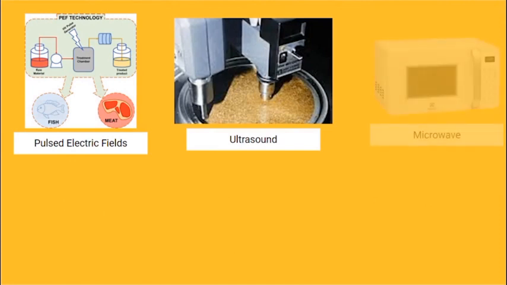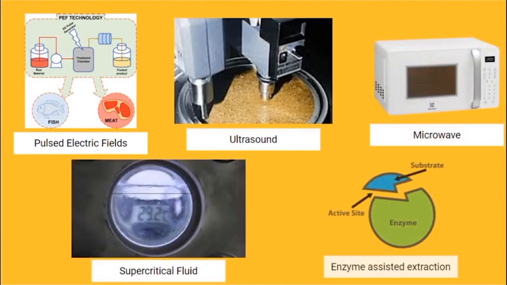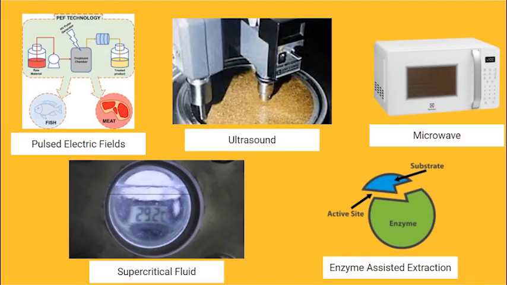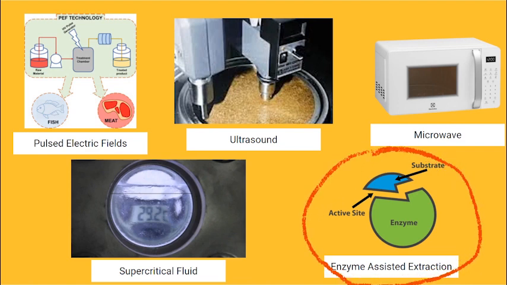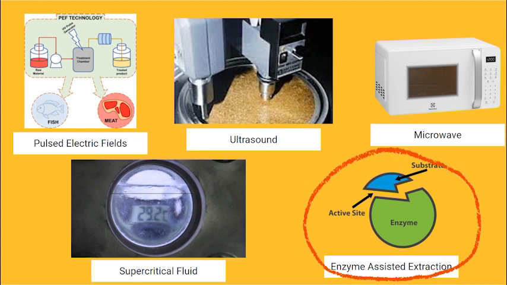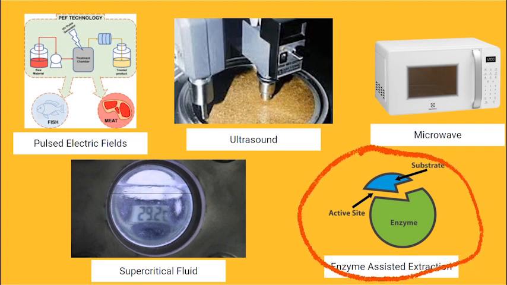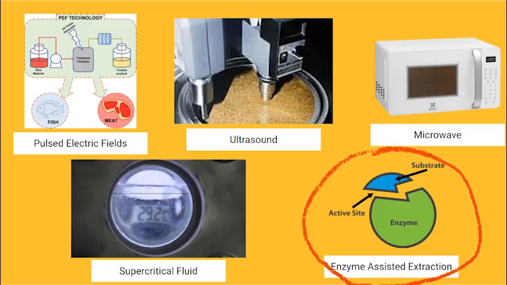Owing to this, several techniques such as the use of pulsed electric fields, ultrasound, microwaves, supercritical fluid, and enzymes are proposed in order to look for a greener bioethanol recovery method which also allows the isolation of these residues, where it was found that the enzyme-assisted extraction serves as the best technique as it led to the highest product yield of 94.9% in a past experiment performed, which is much higher than that of the other methods employed.